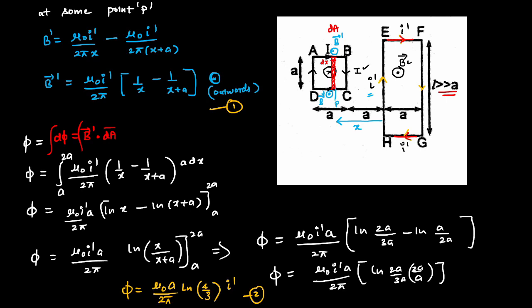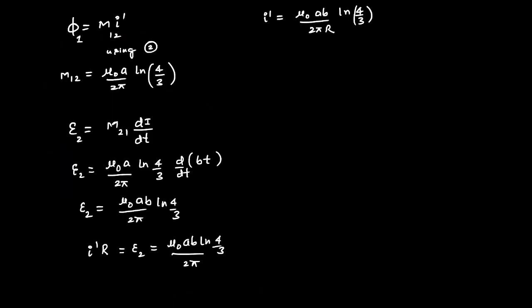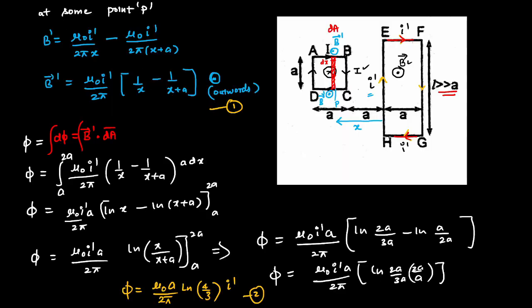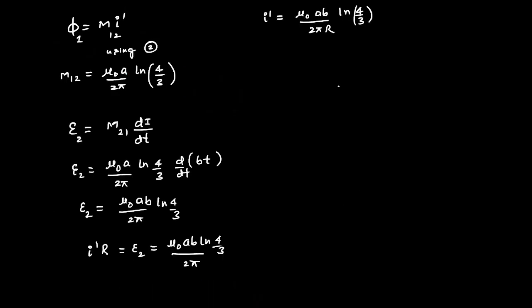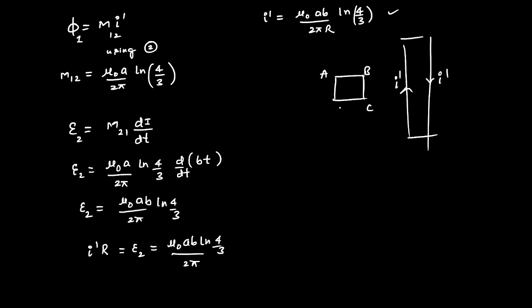So knowing all these things, what next? Once we know the current flowing in the second coil, our plan is this. Since we know that there is a small coil here and a bigger coil, and that current is flowing in this particular coil, the value of which we got here, now we will plan for the force experienced by this ABCD coil because of this EFGH coil.